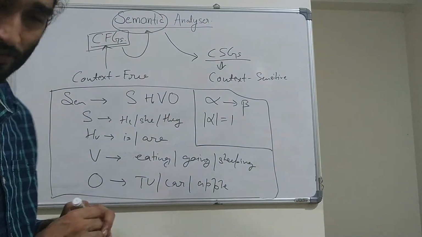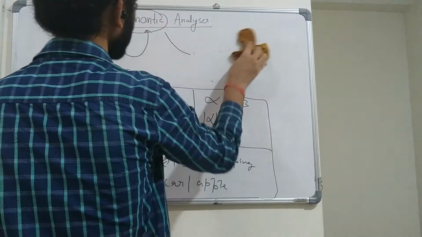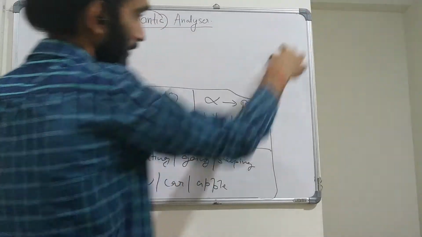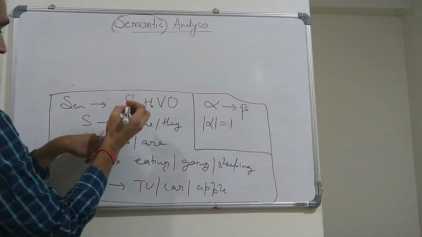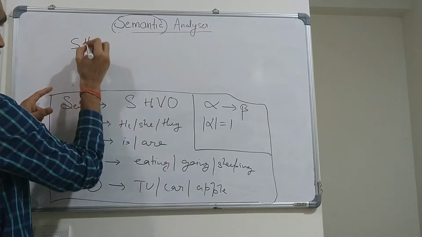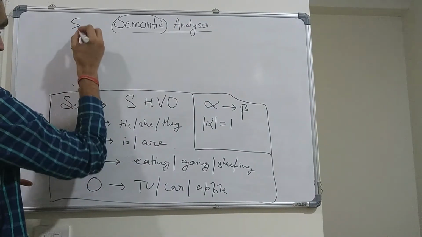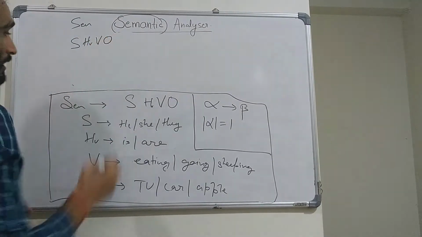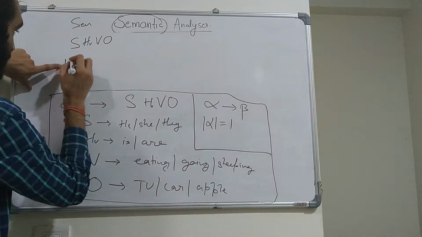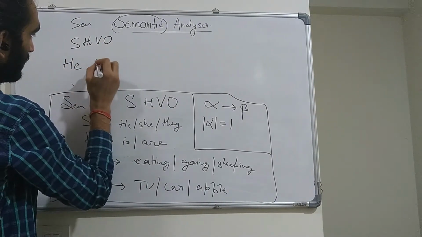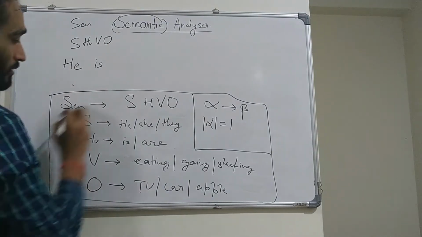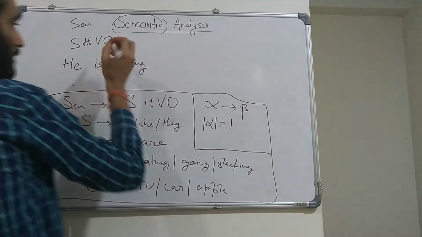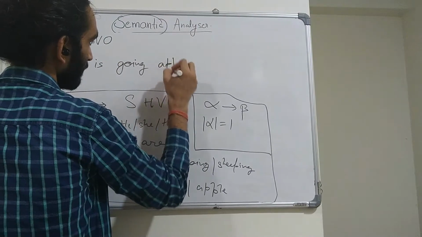Now, if we try to make a sentence from the context-free grammar, see what kind of result you are going to get. If I take S, the sentence is converted to subject, helping verb, and object. Now I replace the subject with he, the helping verb with is, the verb with going, and the object with apple.